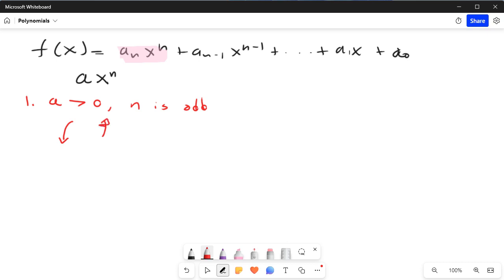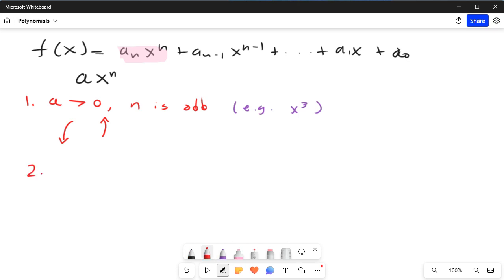So this would be roughly the end behavior of this polynomial in this case. You can verify that using y equals x cubed, for example.